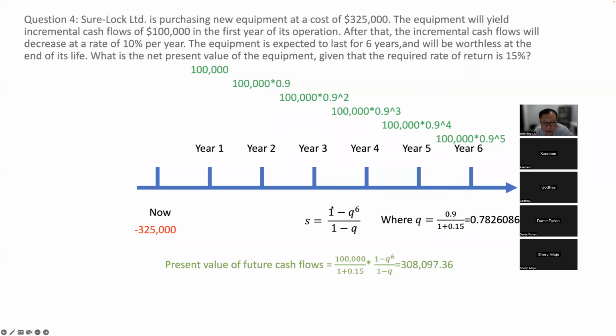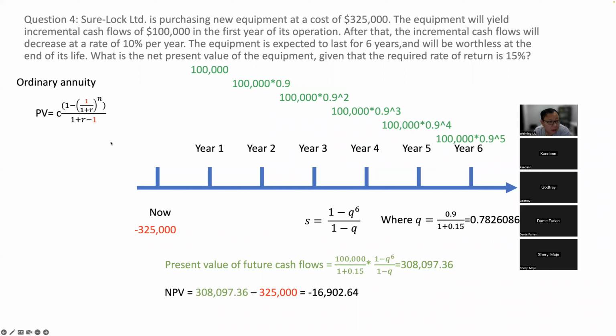So let's see here. If you take a look at the left side of the screen, that's where my cursor is circling. Did you see the ordinary annuity? The PV equals C times, and that is the division, okay?